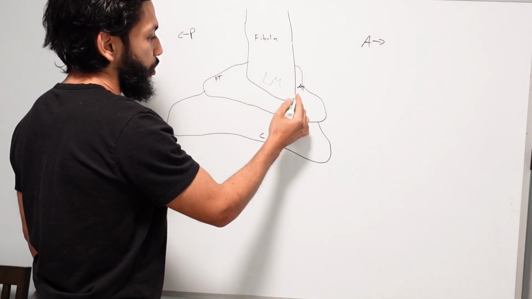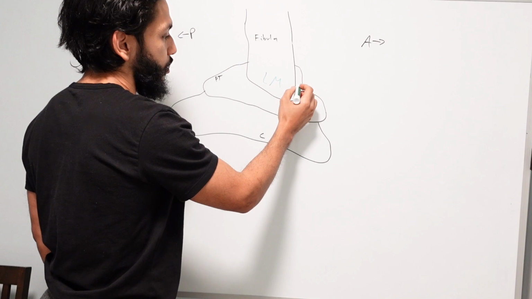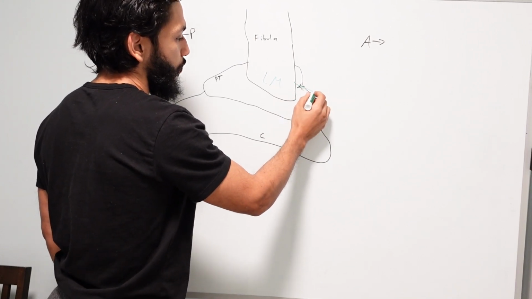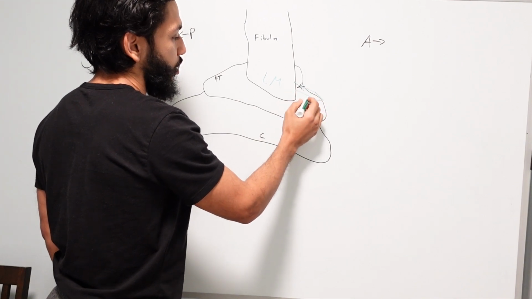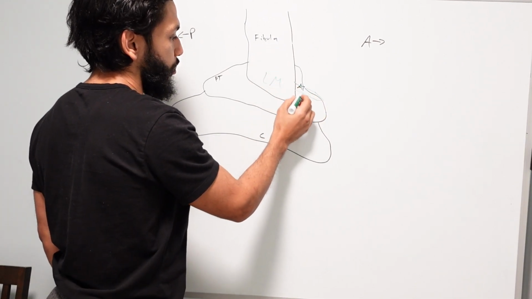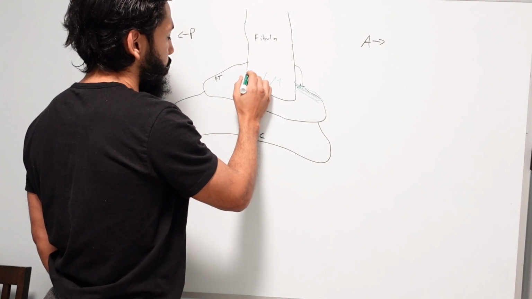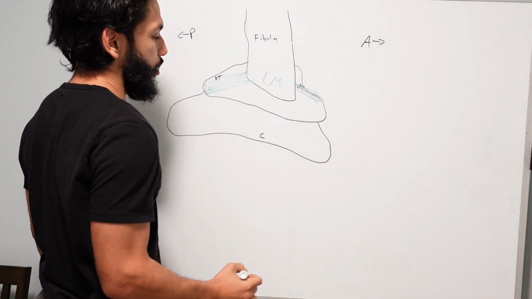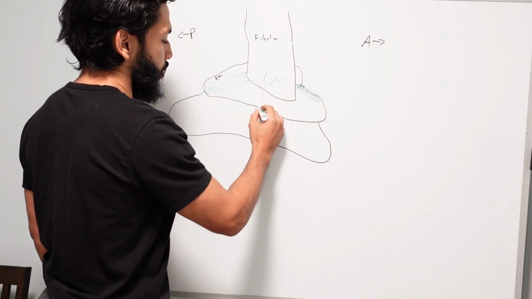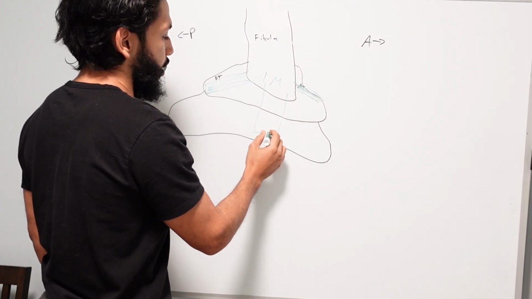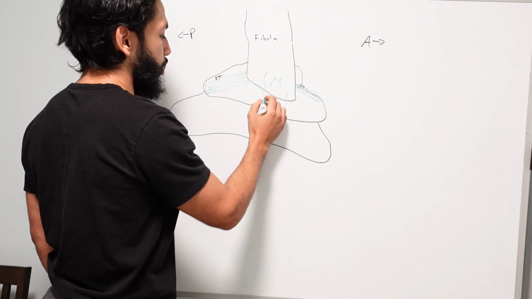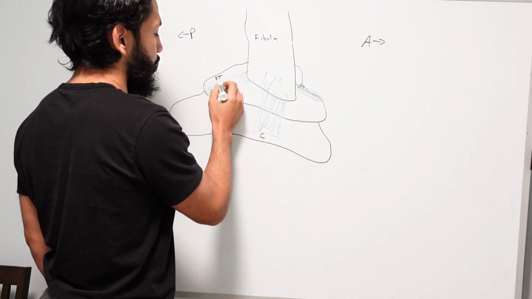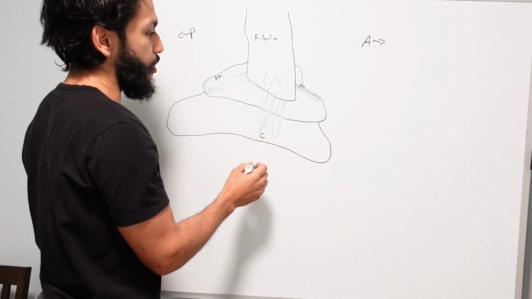So there's going to be 2 of them, again, going back and forth from the talus. So we're going to have our anterior talofibular ligament right here, and then our posterior talofibular ligament right here. And then we're going to have one going straight down towards the calcaneus, and that's going to be our calcaneofibular ligament, like so. Okay, so anterior talofibular, posterior talofibular, and calcaneofibular.